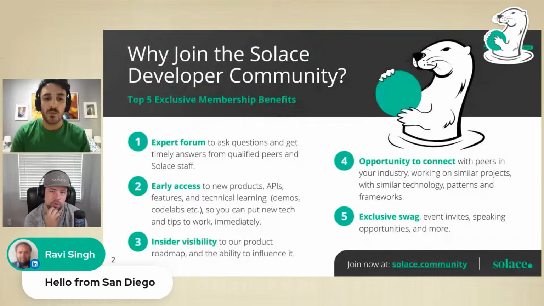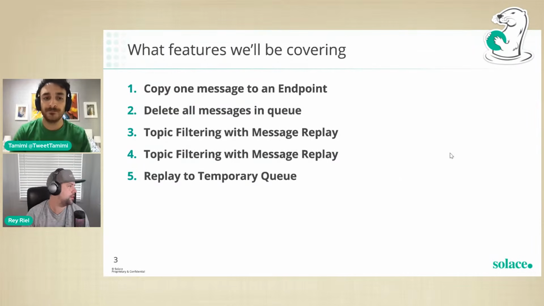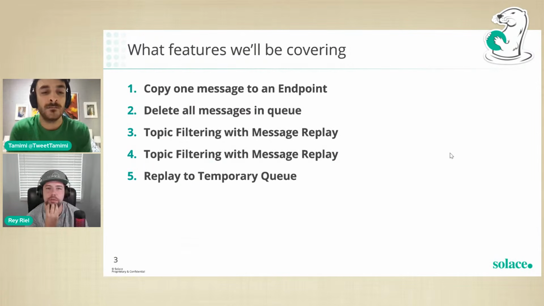So, Ray, what are we going to be doing today? So today we're going to talk about and demo a few features. We'll be talking about all of these features that come from our PubSub Plus broker starting at version 10.0 and going up. We have the copy one message to an endpoint, which is the ability to take a message that's either in a queue or inside of replay and copy it to a specific endpoint.